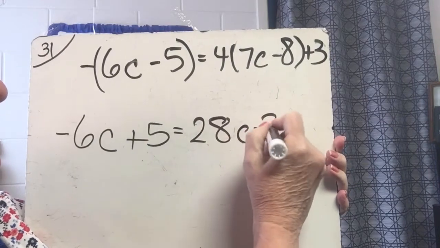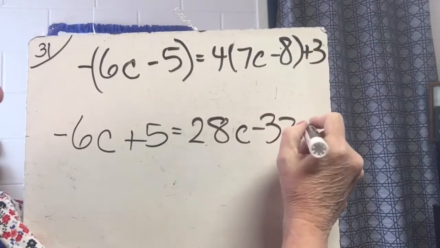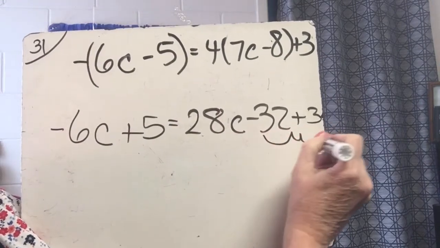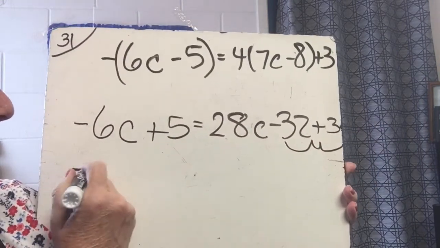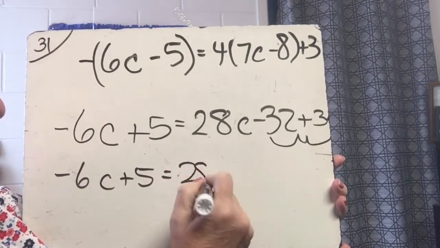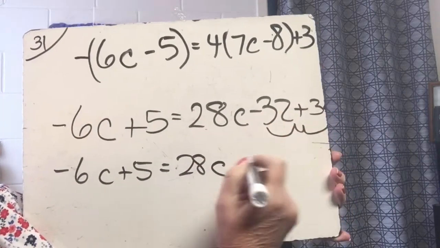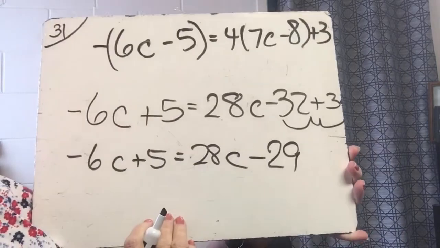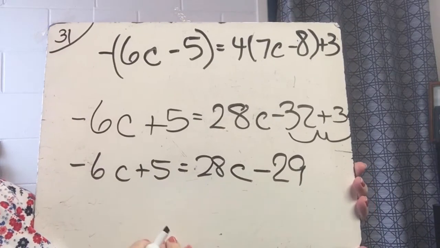28c minus 32 plus 3. Now, the only simplification we can do is right here. Negative 6c plus 5 equals 28c minus 29. So now we need to get all of our c's together.